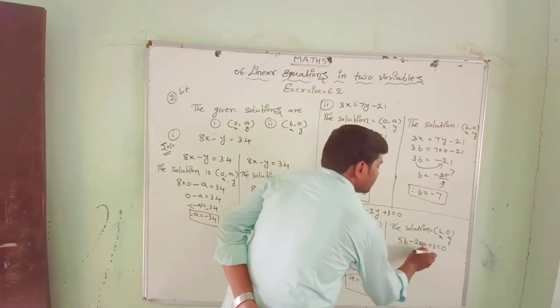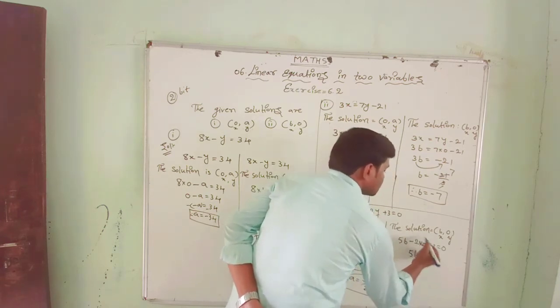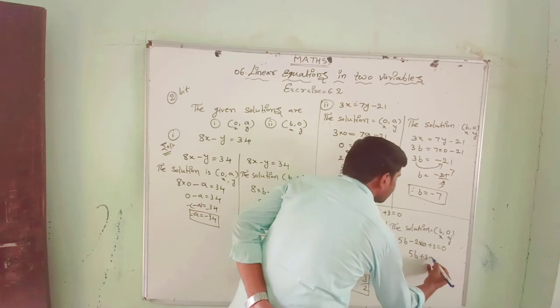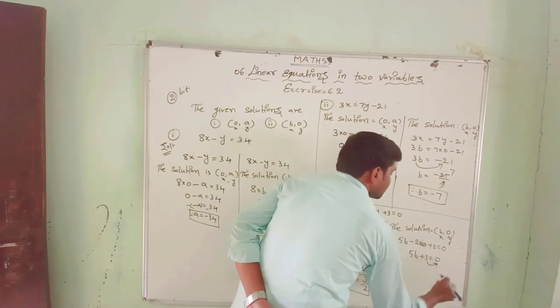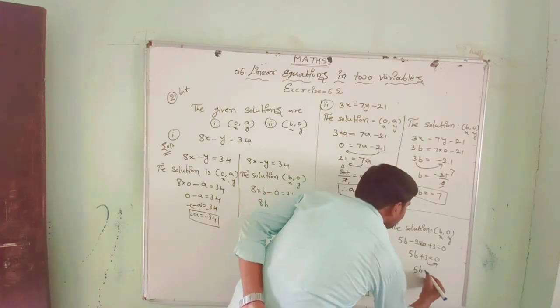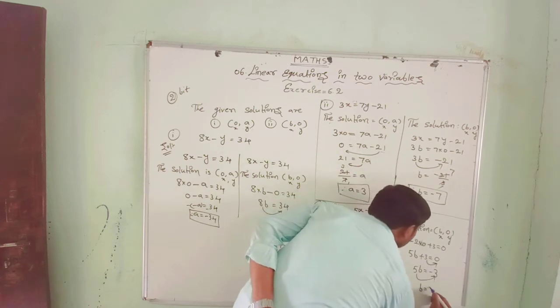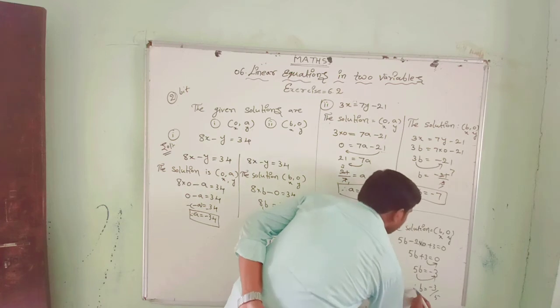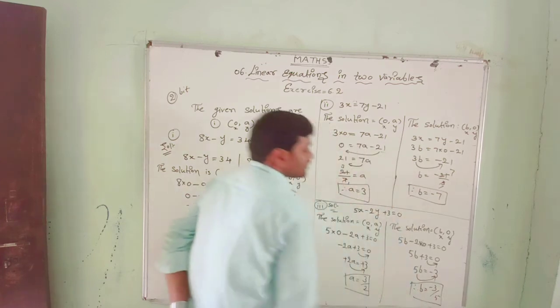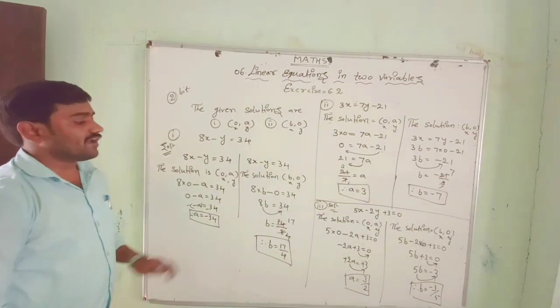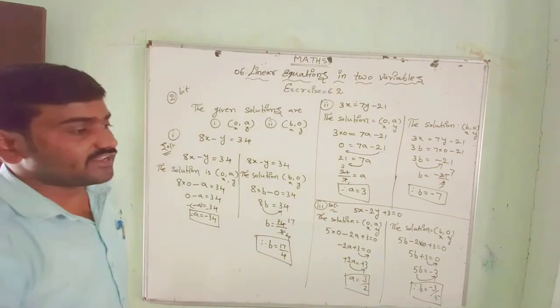This term, the complete term, will be 0 then. 5b, this is 0, then plus 3 equal to 0. This plus 3 will transfer this side, minus 3. 5b equal to minus 3. This 5 will transfer this side, b equal to minus 3 by 5. Now we got a value and b value in each and every case.